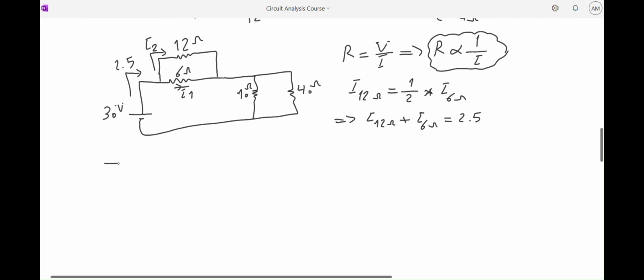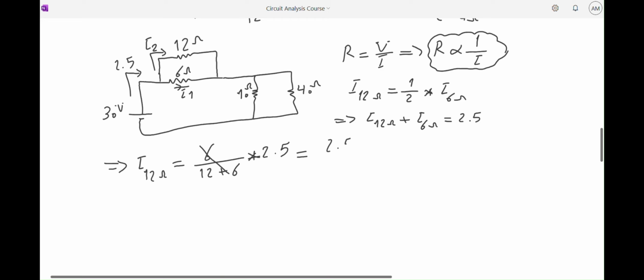And if you remember the current divider rule, I know that the current of 12 ohm is the other resistor, which is 6 ohm, divided by 12 plus 6 times the source current that flows into both of them, which is 2.5. 12 plus 6 is 18. 6 over 18 is 1 over 3.